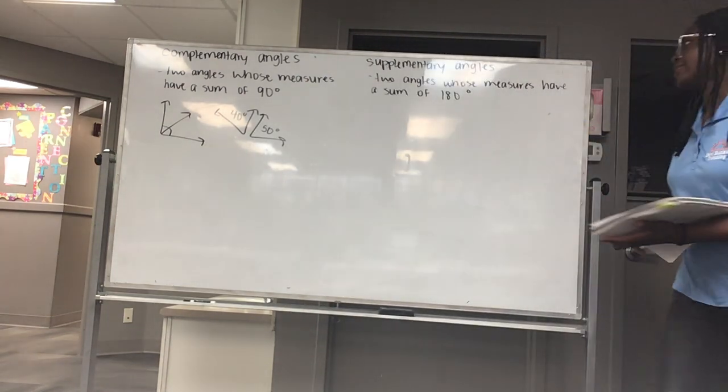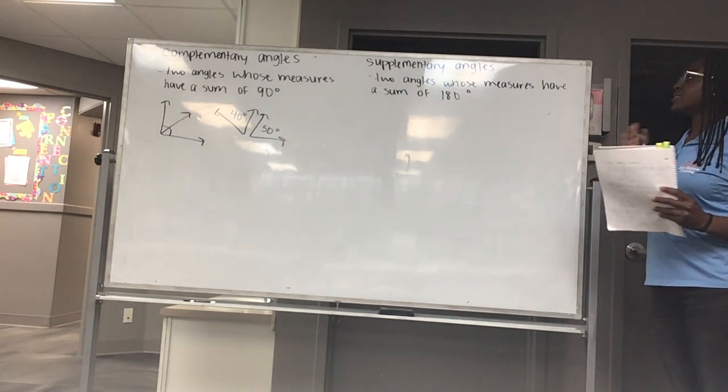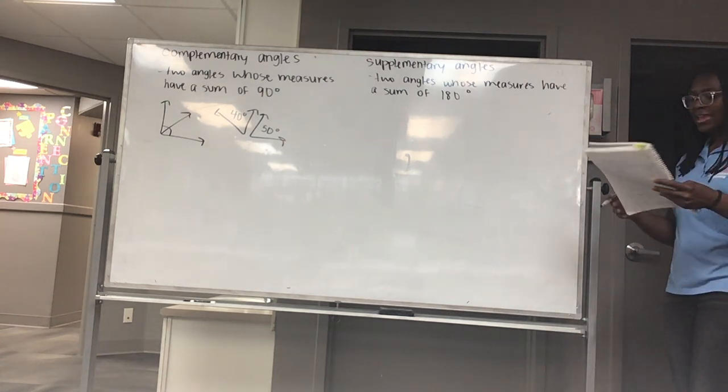And then my supplementary angles are two angles whose measures have a sum of 180 degrees.